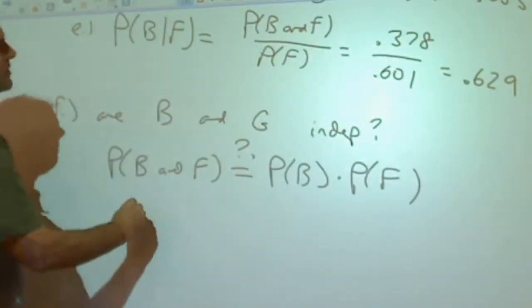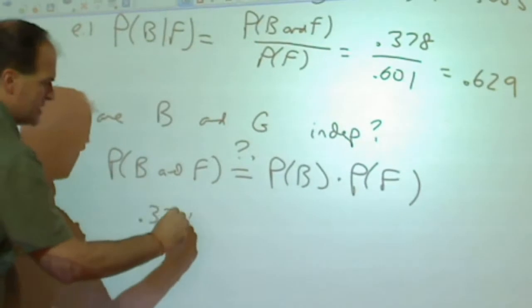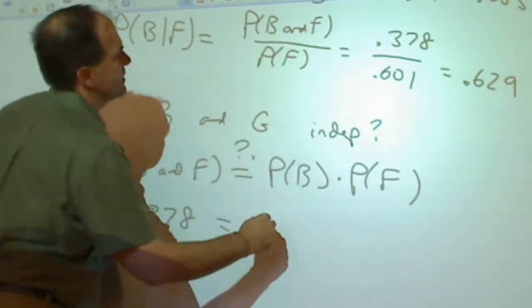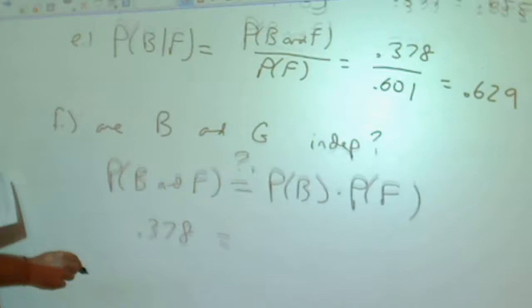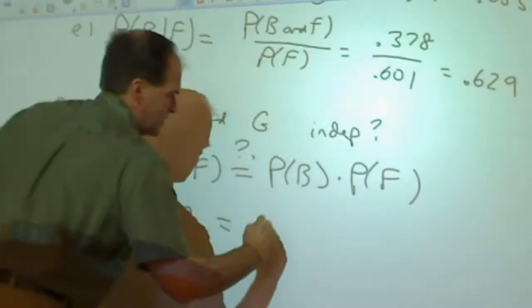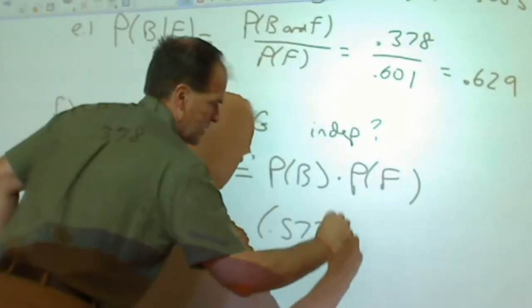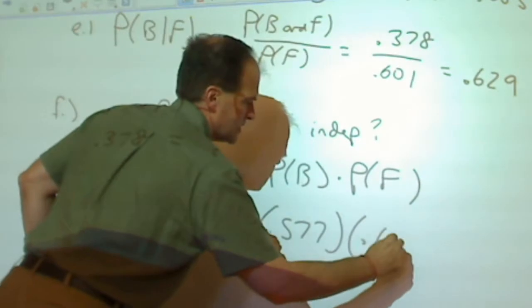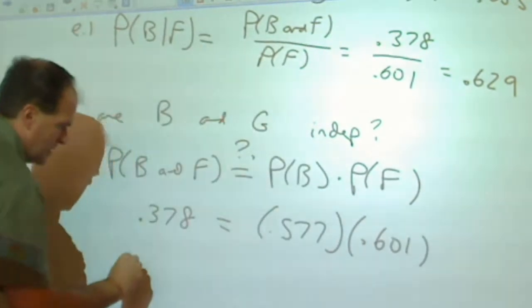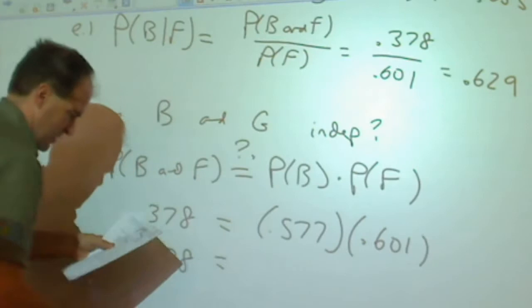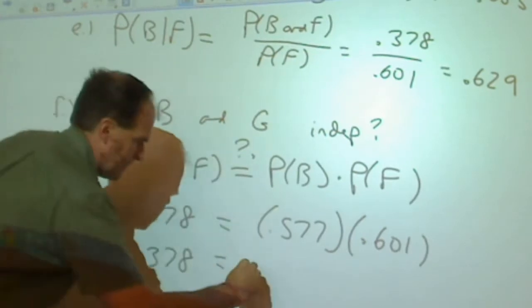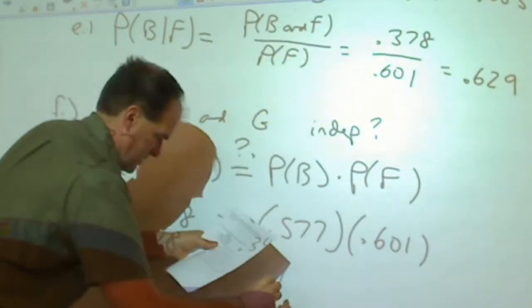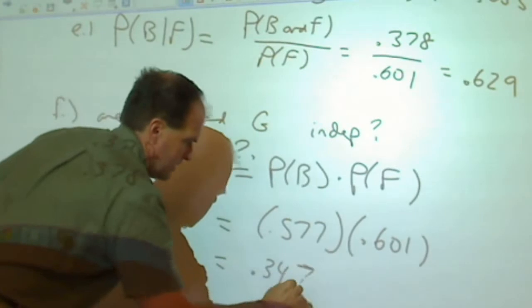Okay, so like you said, we know this is 0.378. Breakfast, 0.577, female, 0.601, and okay, this is what I got.